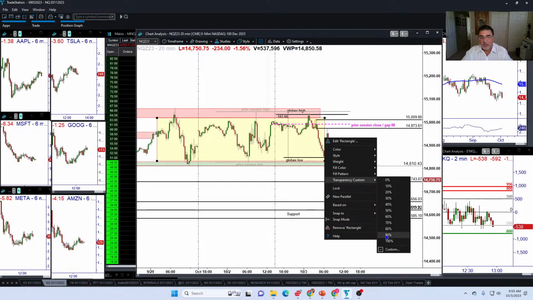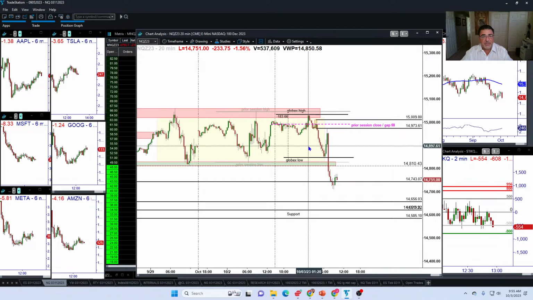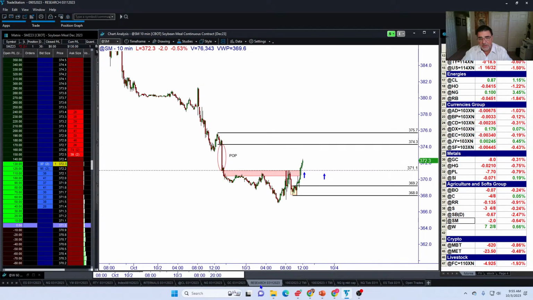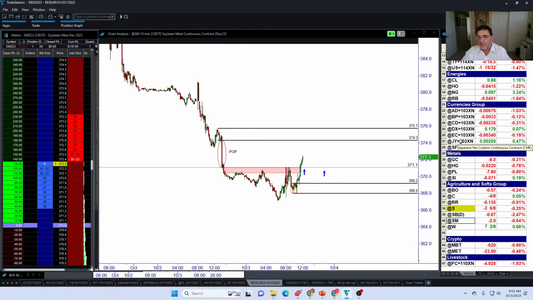Now, why is this important? When price gets into that dead space where all those orders have been filled, it easily goes right through it. We saw a great example of that. Somebody pointed out, look at soybean meal, rocking on the Japanese yen.